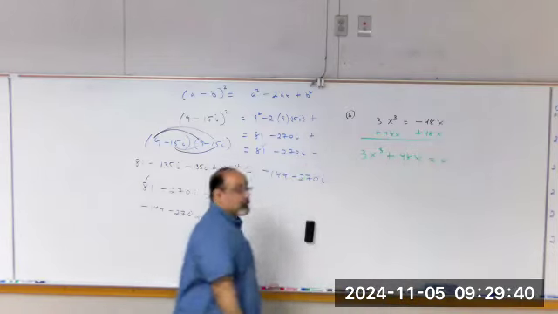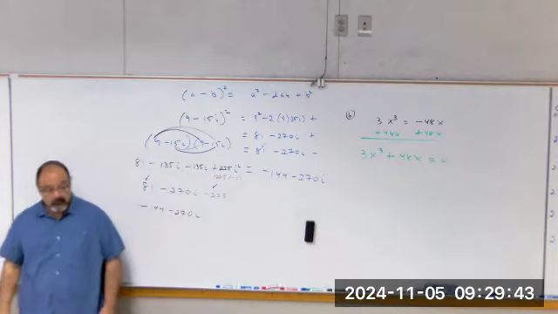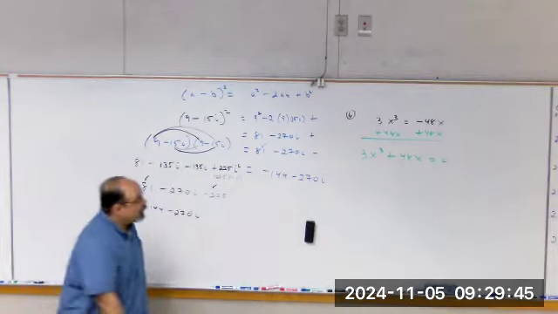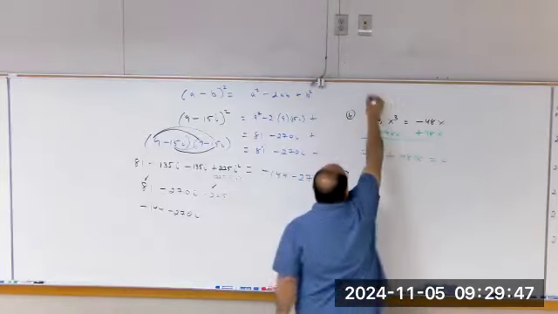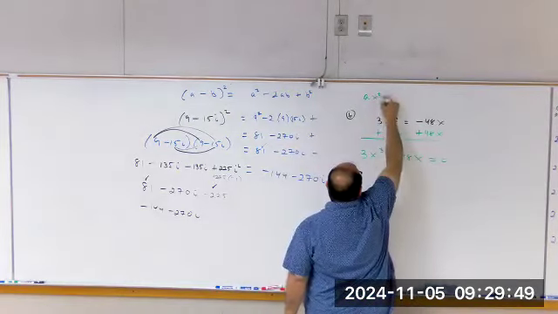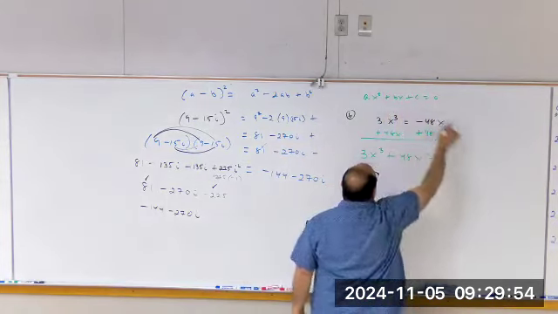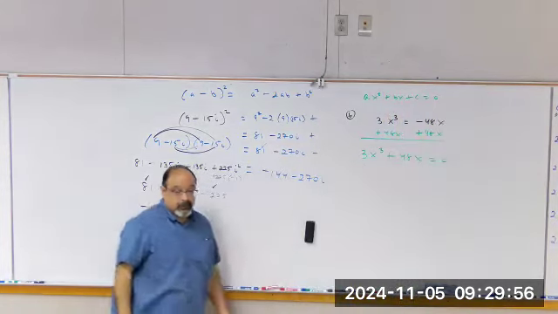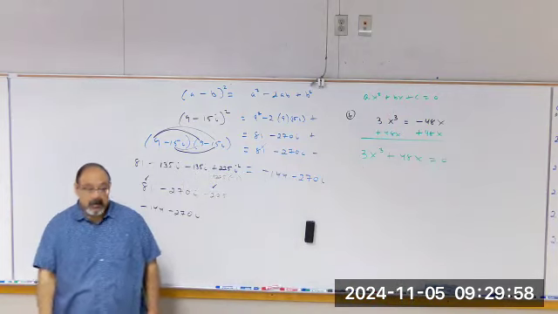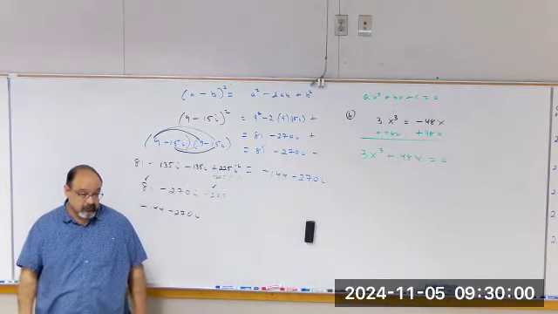The first clue that something's up is x to the third. We're solving quadratics. We're supposed to be solving ax squared plus bx plus c equals 0. And that's an x to the third, so something's up. Solve by factoring.